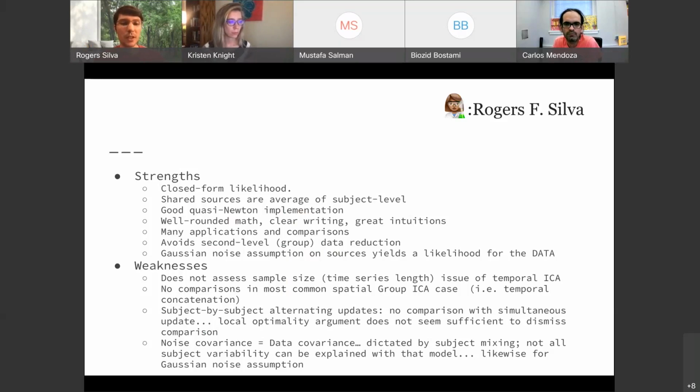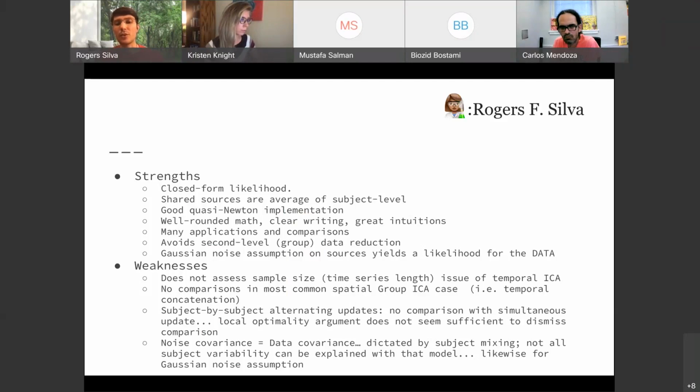So some of the weaknesses that I highlighted here are that, like I mentioned in the beginning, this is a series of applications on especially fMRI for temporal ICA. And temporal ICA for fMRI is very tricky, to say the least, in the sense that the time series is too short. There are too few samples, basically, too few time points to appropriately estimate independent components.